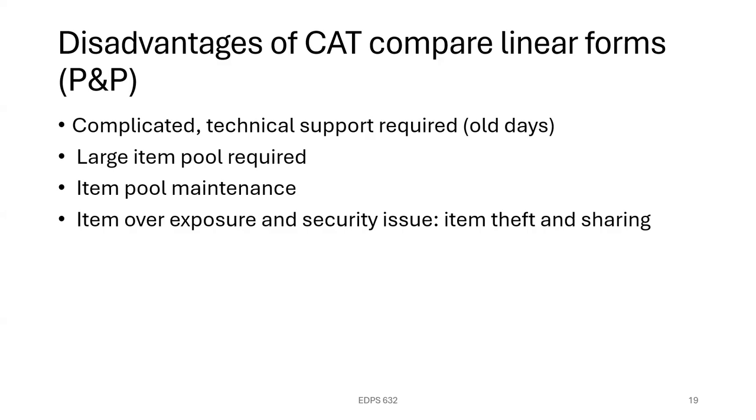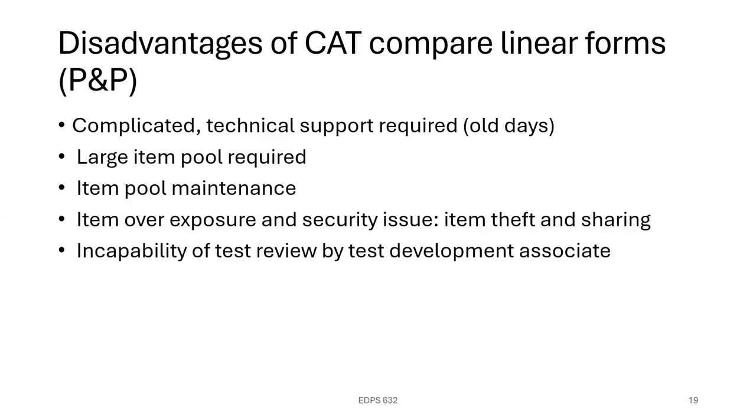Item overlap means the proportion of students who see the item divided by the total examinees. For example, if you have 500 examinees taking the test, how many of the 500 examinees see the item? This is called exposure calculation. All these we need to take into consideration.